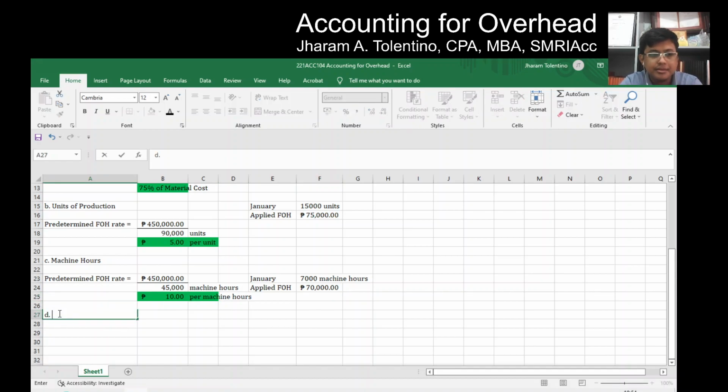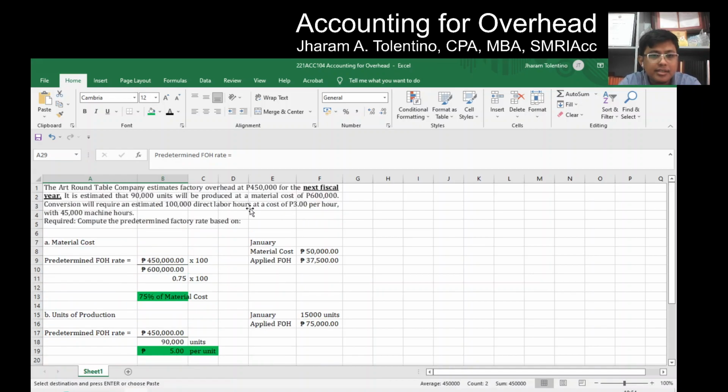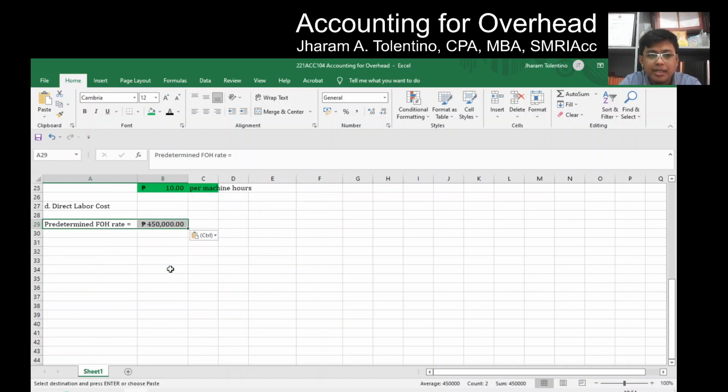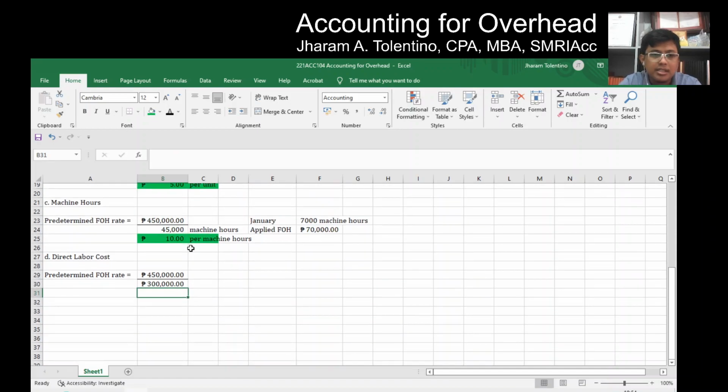Next, letter D. D is direct labor cost. Madali lang siya. Copy lang natin to. Yes, 450,000. Direct labor cost, binigay ba? Hindi. Pero kaya ba computin? Yes. There are 100,000 direct labor hours at a cost of 3 pesos per hour. So, multiply lang natin. That's 100,000 direct labor hours times 3, so 300,000 pesos.